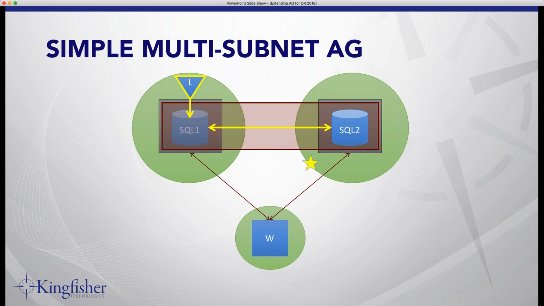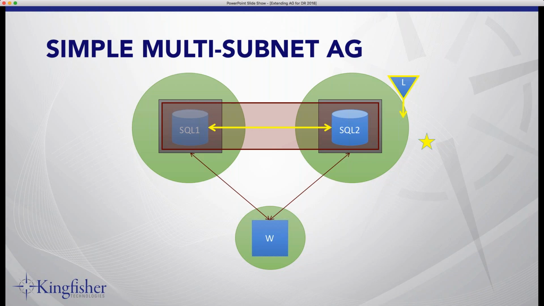The problem is that when you move that primary over, now the listener has to move over to the remote data center as well. And that causes some complications, because now most data centers that you use for disaster recovery are going to use different subnets. And that refers, for those of you who may not be familiar with networking, to the block of IP addresses that are used in a given data center or a given network.